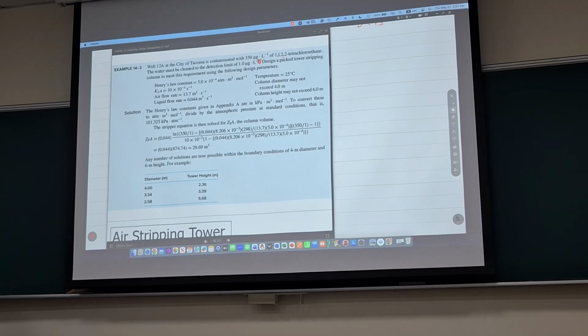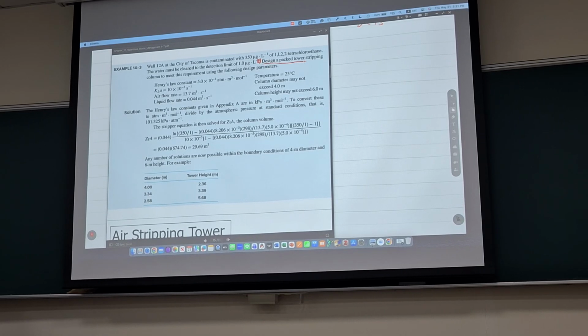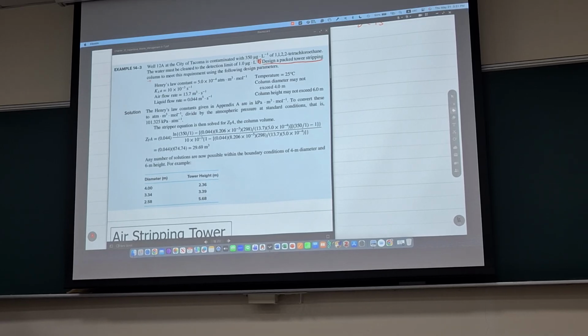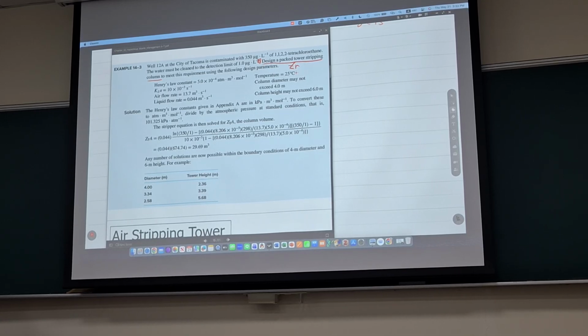This question asks you to design the packed tower stripping column, which means to find out Z_R.